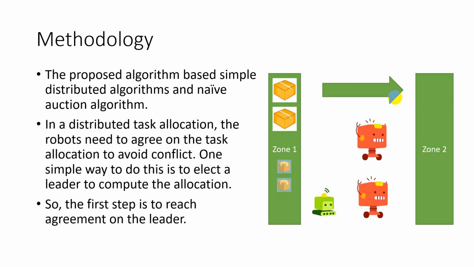So a simple distributed algorithm will be used here, called leader election. The basic idea is that the 3 robots elect a leader to compute the task allocation and then send it to the other robots, and they execute this allocation. So the first step is to reach agreement on the leader.